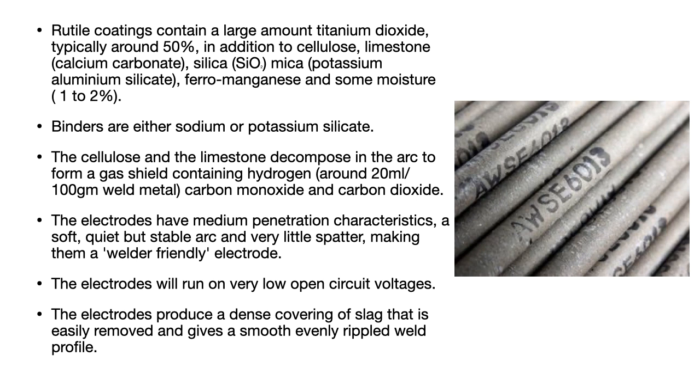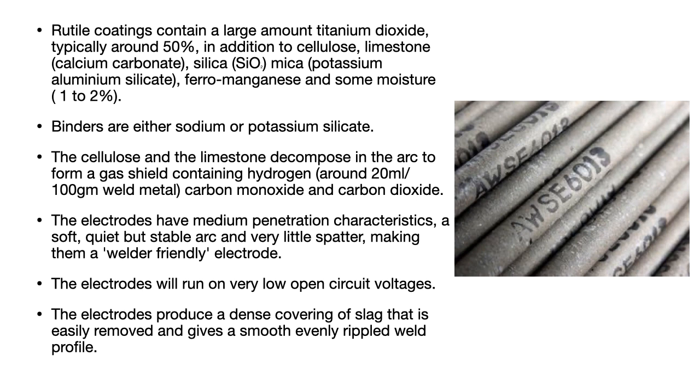Cellulose and the limestone will react with the arc and then decompose and form carbon dioxide or carbon monoxide. But even in these cases, because of the small amount of moisture content, the hydrogen inclusion in the weld is quite high. It is around 20 milliliters per 100 grams of weld metal.